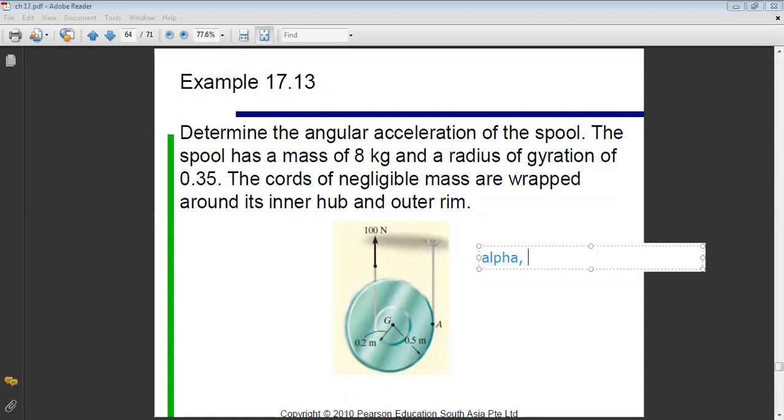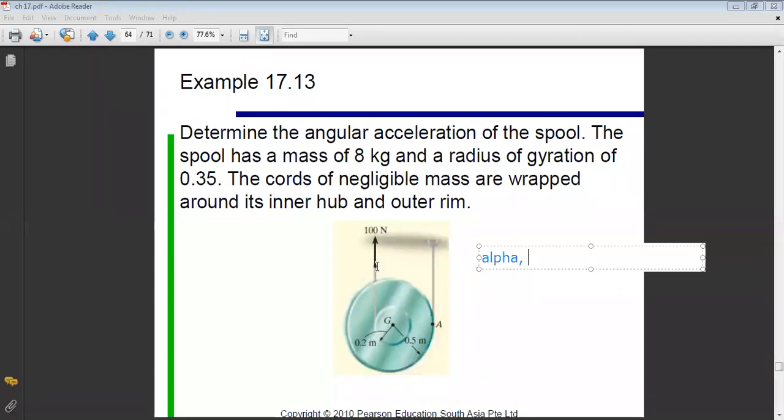Tension? No, the tension is 100 Newton. It's given. The force here is given equal to 100 Newton.